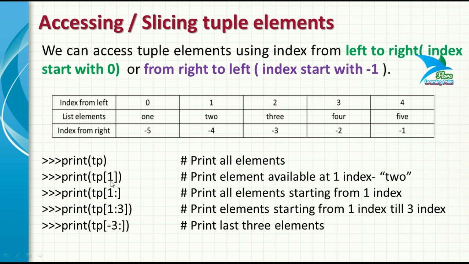If you print the name of the tuple, it will print all the elements. If you access the element at one position, it will print the element available at that specified index position. But if you specify the colon operator after the index position, it will print all elements starting from that index position to the last element.